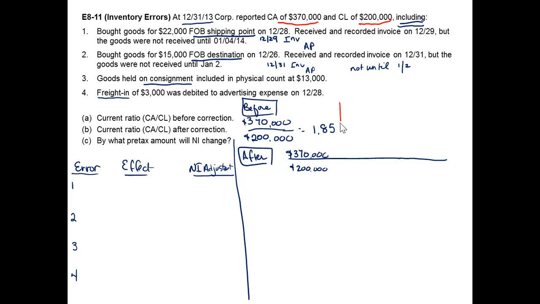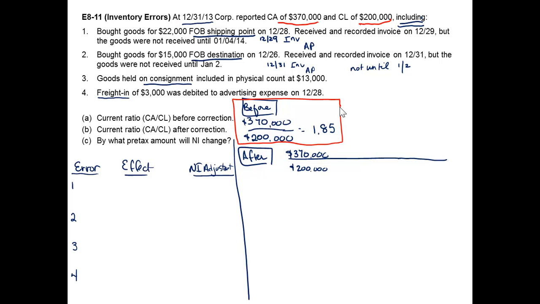So if we figure out the current ratio before any of the error impacts, we see that we have a current ratio of 1.85. Well, let's see how that changes if we consider the errors.